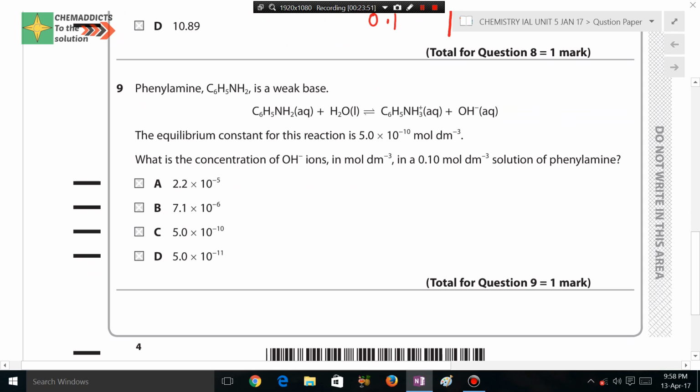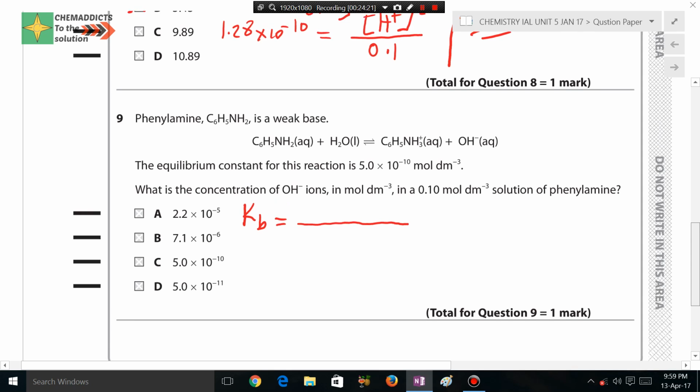We're going to solve question number 9 in a similar manner to question number 8. Instead of writing Ka, the acid constant, we write the base constant, Kb. The equation for the acid constant and the equation for the base constant are similar.